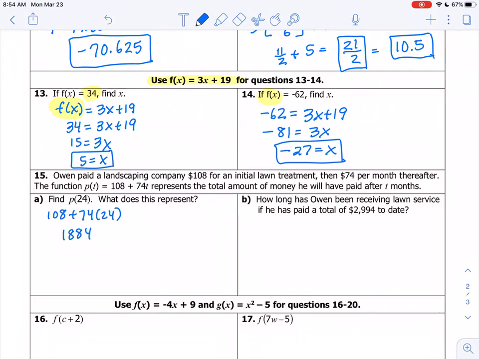Okay, so what does that mean? Let's see, what does that represent? That's the total amount of money he'll have paid after t months.